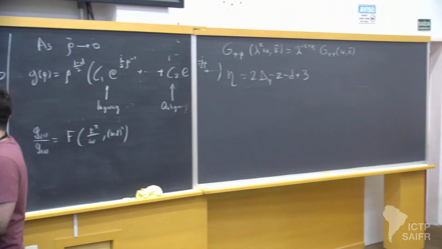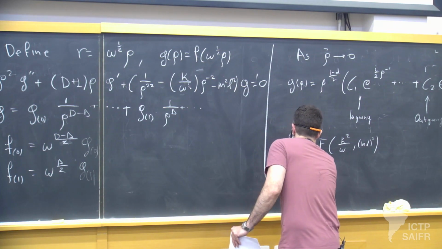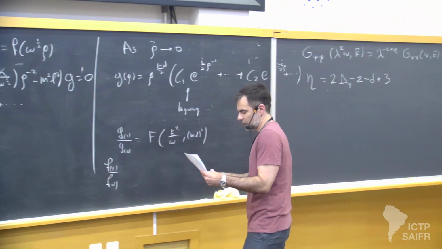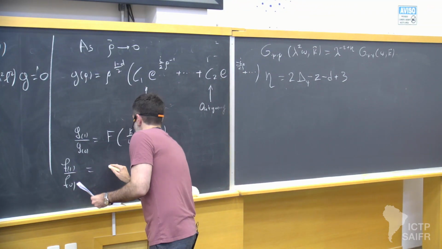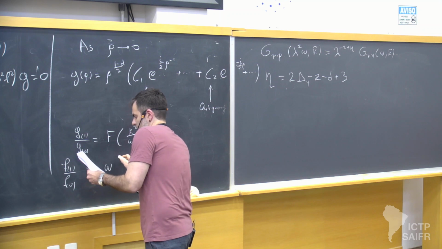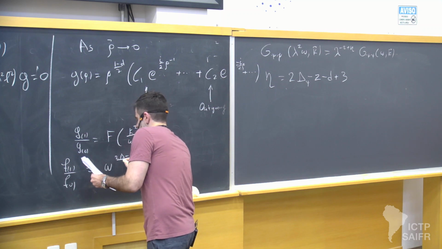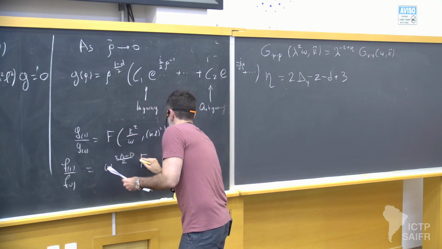But what I'm actually interested in is f1 over f naught, which, if I use that relation about the change of coordinates, is going to give me omega to the 2 delta minus d over z times the function f.